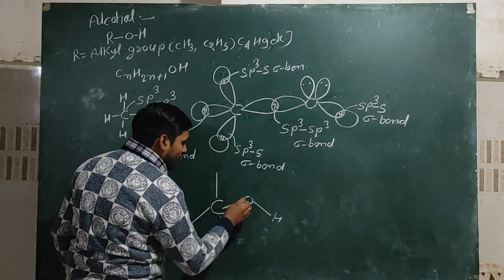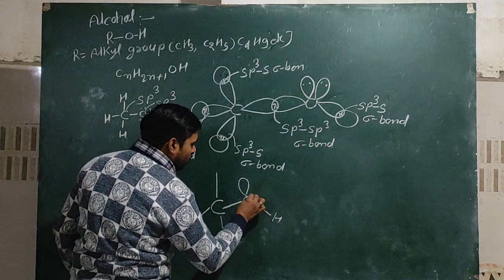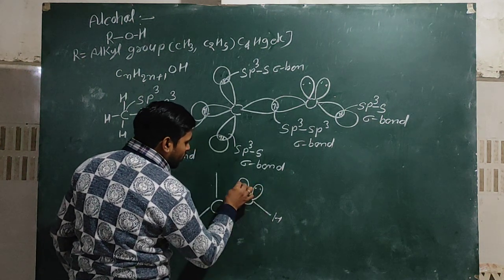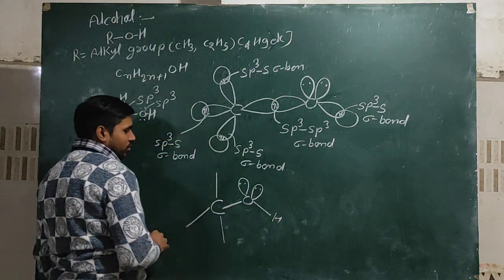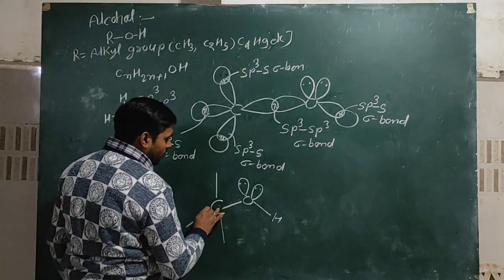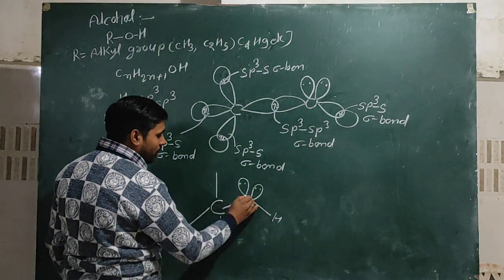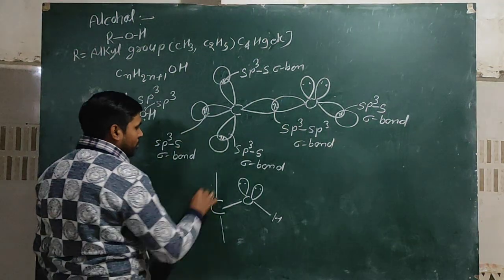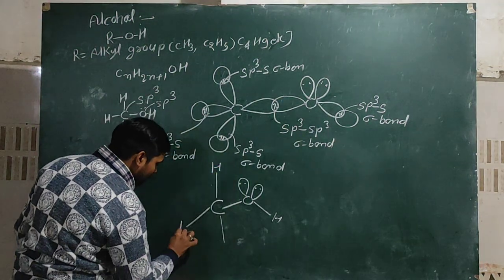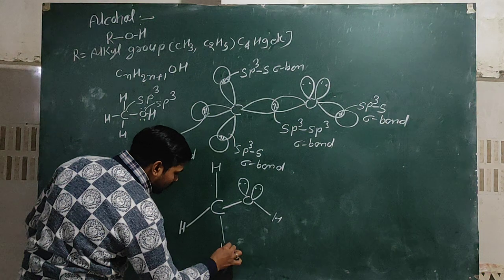Oxygen and hydrogen both are connected, and this carbon atom contains 3 hydrogen atoms.